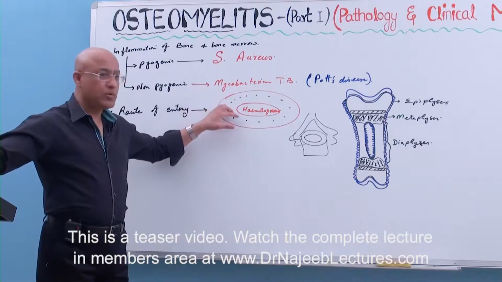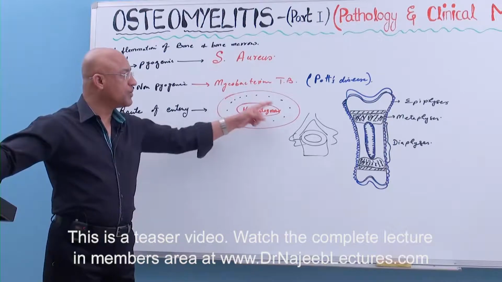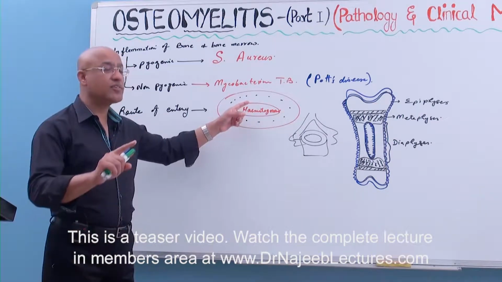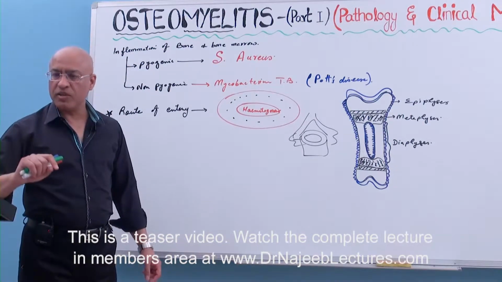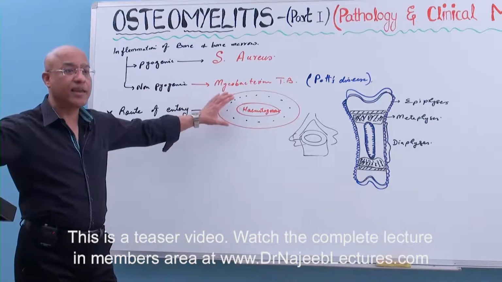Bacteria may enter the bloodstream, and if bacteria are moving in the blood but not proliferating, we call this condition bacteremia. What do we call it? Bacteremia. So from any focus of infection in the body, bacteremia can occur.